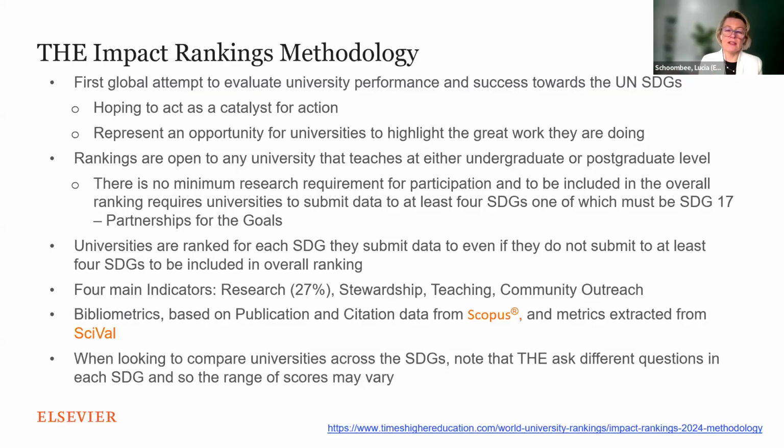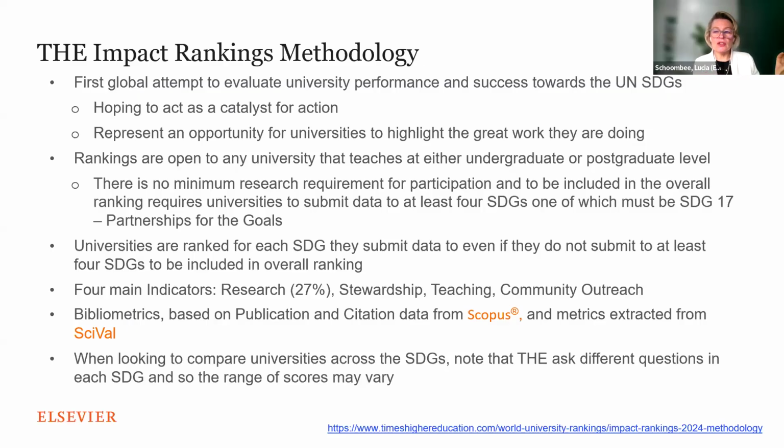So in all cases, when we provide data to the rankings, it comes from Scopus as the raw data, and then SciVal, where you have more metrics that have been pre-calculated. So when looking to compare universities across the SDGs, note that each SDG, even when you're looking at the research, answers a different question, so it uses different metrics.